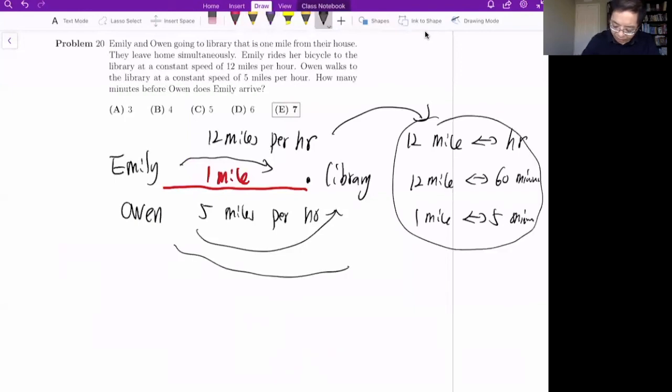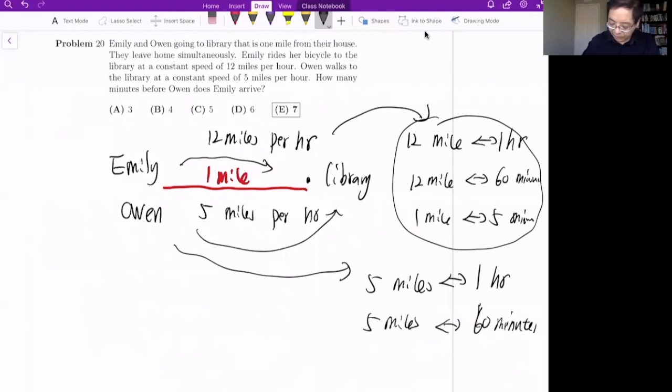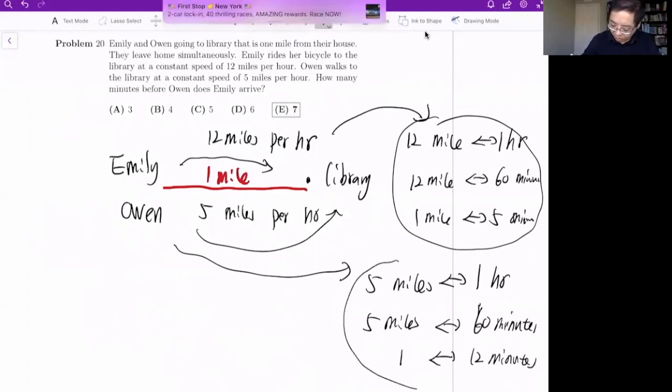Now for Owen, it's 5 miles in 1 hour. Again, 1 hour is 60 minutes. So 60 minutes for 5 miles. So that's 1 mile for 12 minutes, right? 60 divided by 5 is 12 minutes. So this is for Owen.